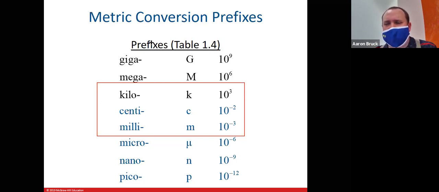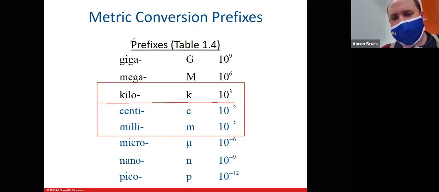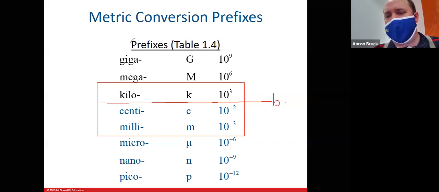And when we talk about atomic size and light, the prefixes nano and pico might come up occasionally. But most of what we need to concern ourselves with is right in this sweet spot right here, in the middle, between kilo, centi, milli, is our base unit.